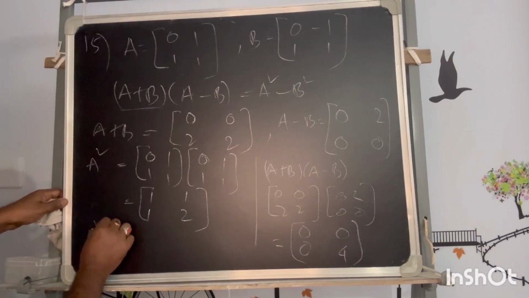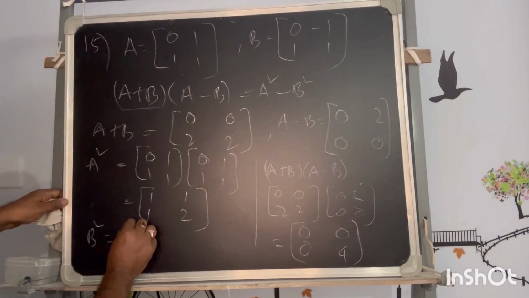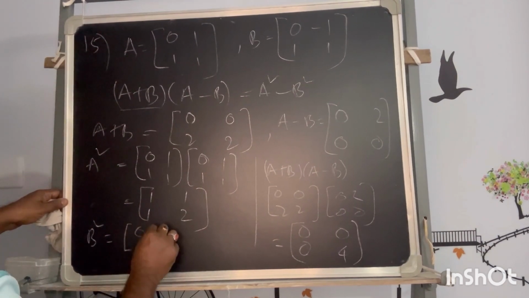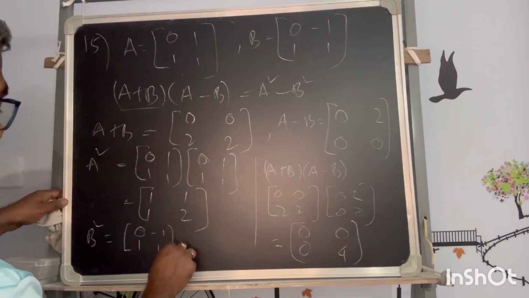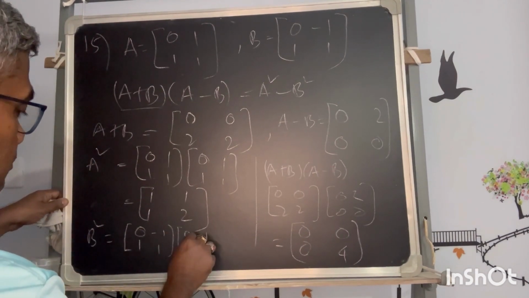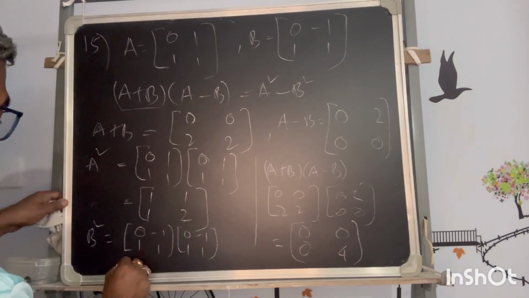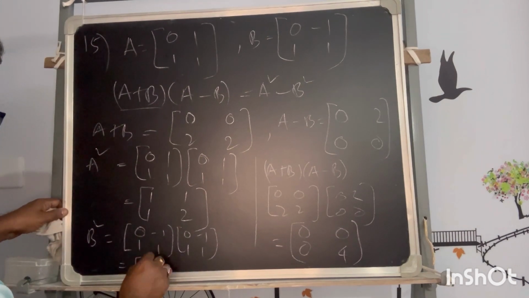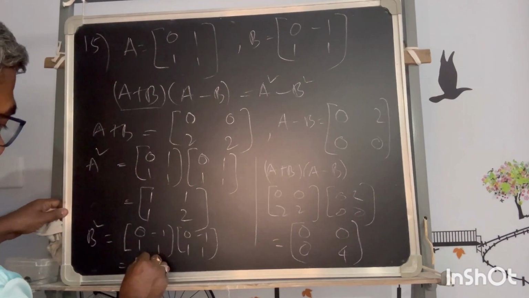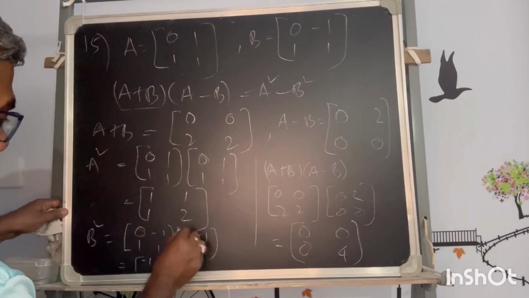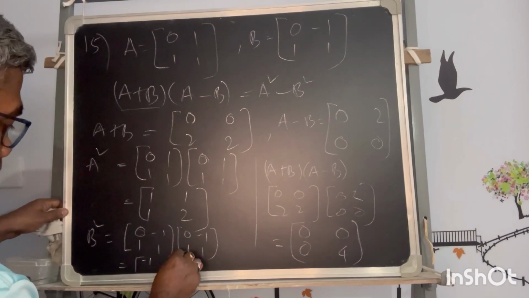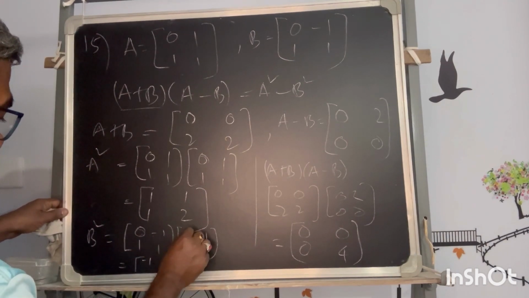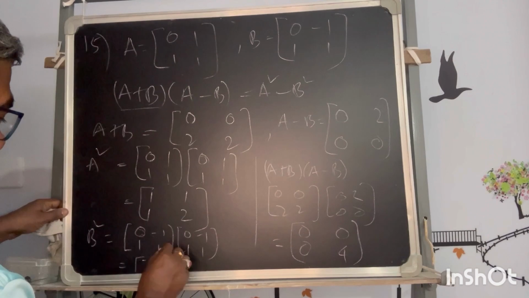B square will be [0 -1; 1 1] times [0 -1; 1 1]. So then it is equal to [-1 -1; 1 0].